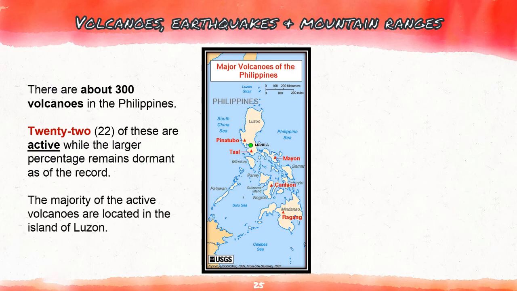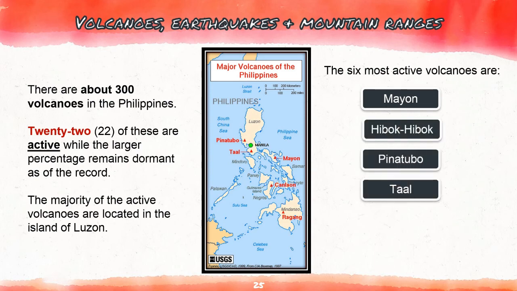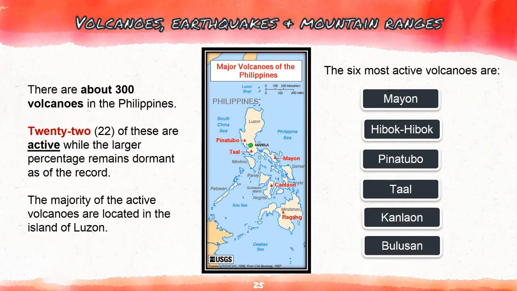The majority of the active volcanoes are located in the island of Luzon. Here are the 6 most active volcanoes in the Philippines. We have Mount Mayon, Mount Hibok-Hibok, Mount Pinatubo, Mount Taal, Mount Canlaon, and Mount Bulusan.